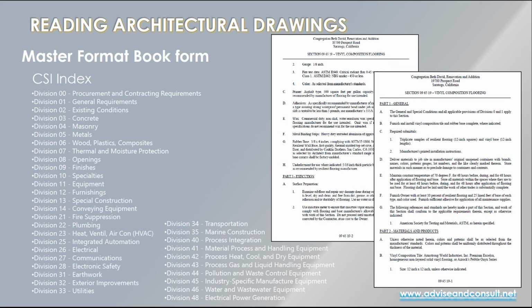So here we have section 09 65 19. Section 09 is finishes, and the subsection 65 19 is specifically for vinyl composition flooring.